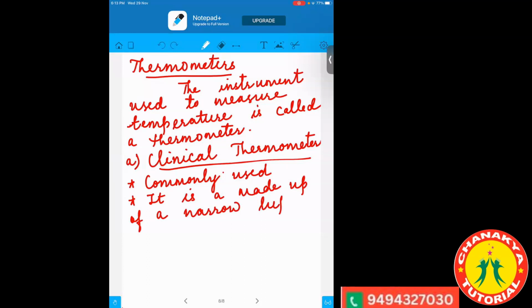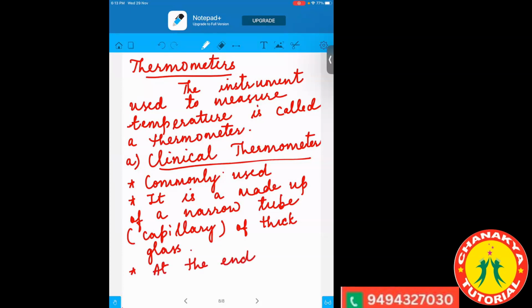What is the name of the tube? It is called a capillary. So it is made up of a narrow tube called a capillary of thick glass. Third point, at the end of the capillary tube will be a thin glass bulb filled with mercury. So at the end of this capillary tube, what will be there? The mercury will be filled in it.